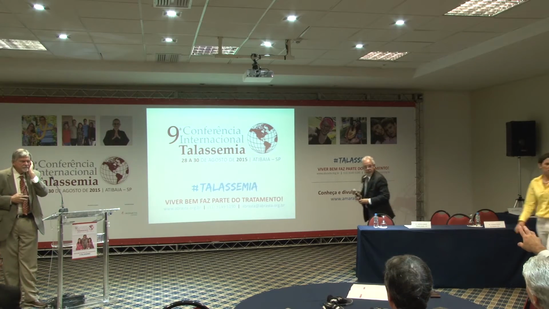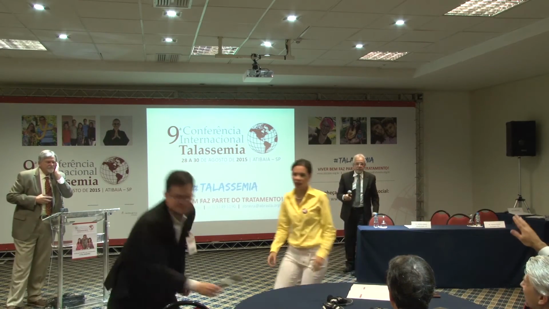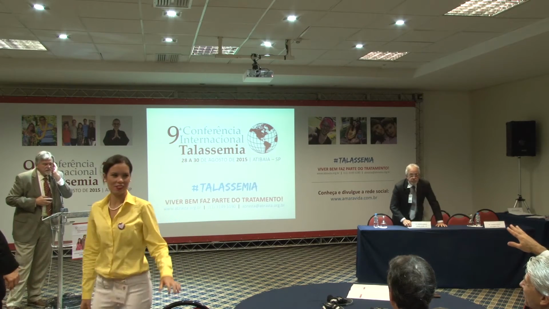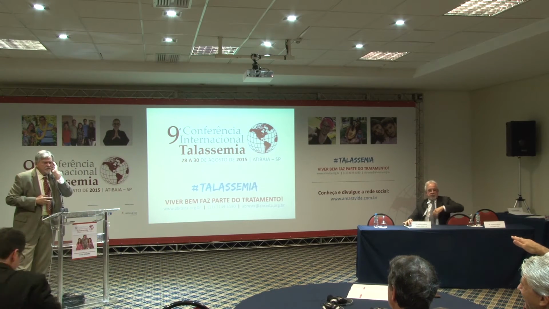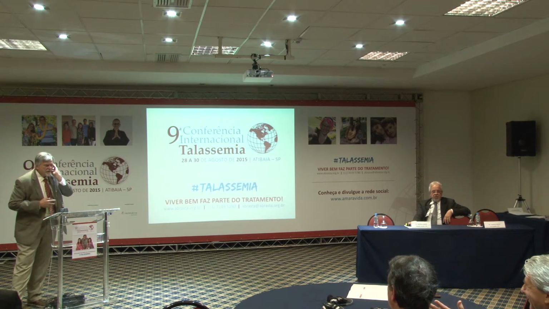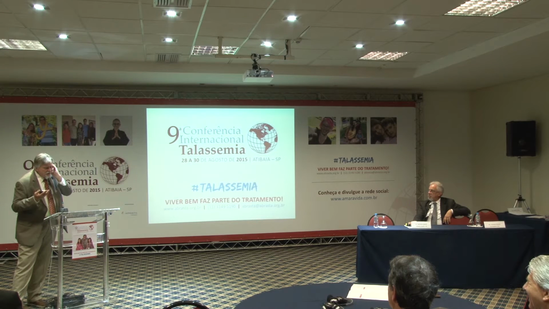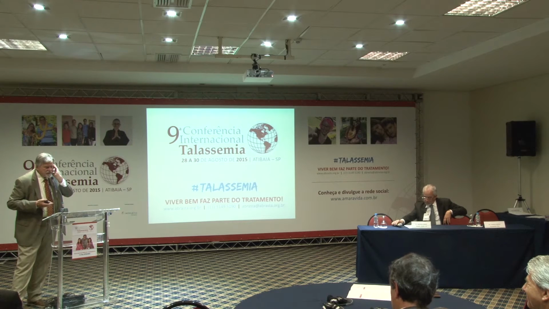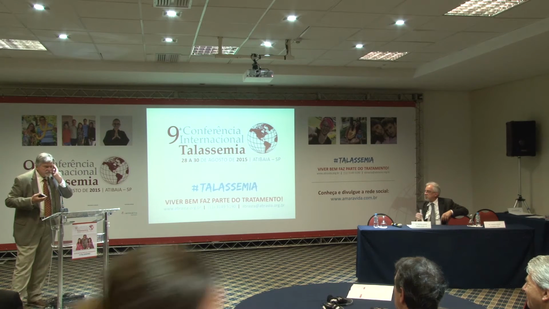Just one thing, I'm not sure that the ferritin levels that we consider normal are actually safe. In my next talk, I'm going to show that data. We have patients that have ferritins of 500 and liver irons of 6.